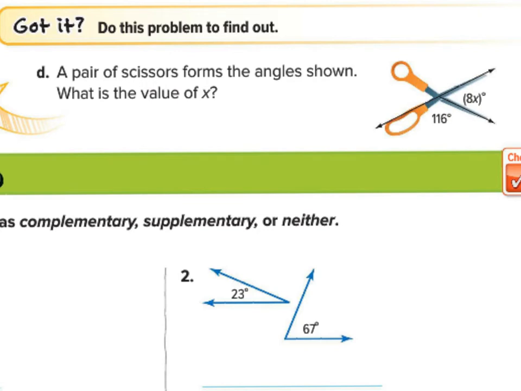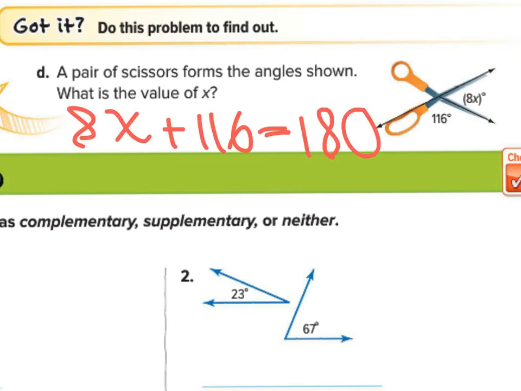And for a real-world problem, we're given here the angles that this pair of scissors creates. And you see over here we have a straight angle. One part of the supplementary angle that we are given is 116 plus 8x equals 180. So 8x plus 116 equals 180 is what you should have there as a supplementary set of angles.